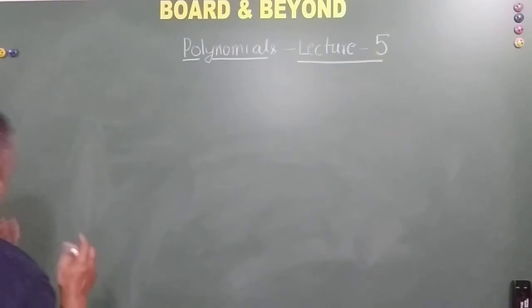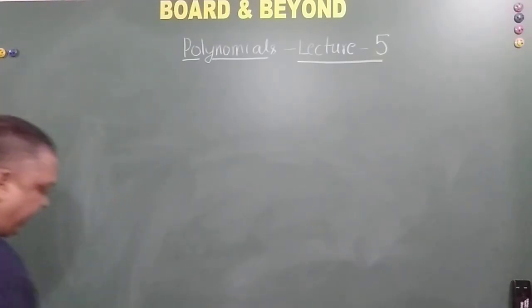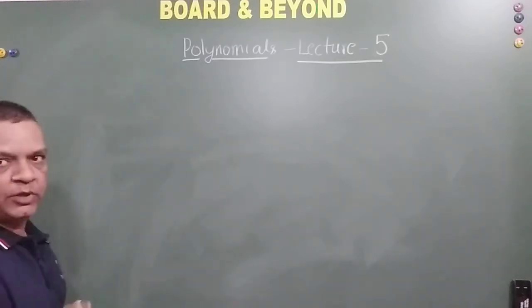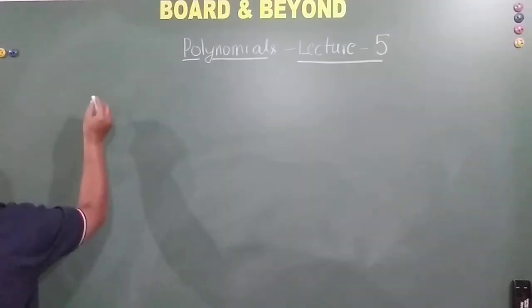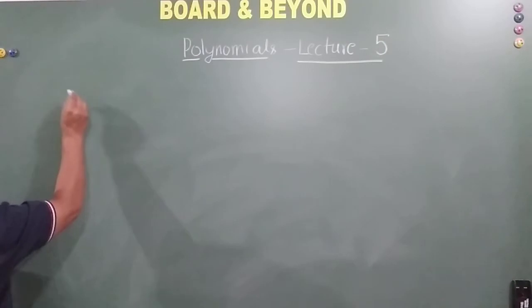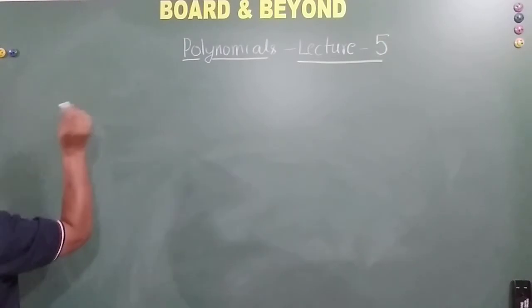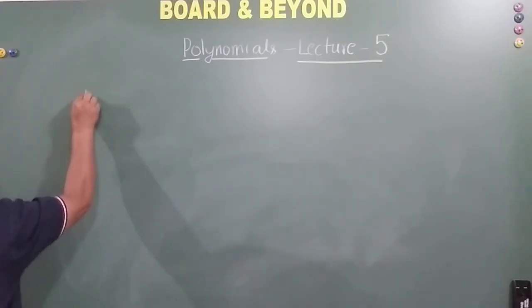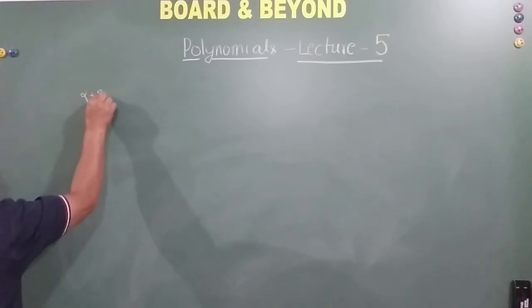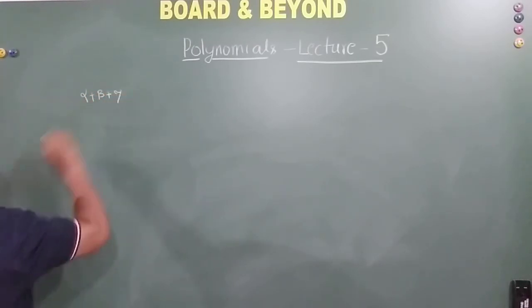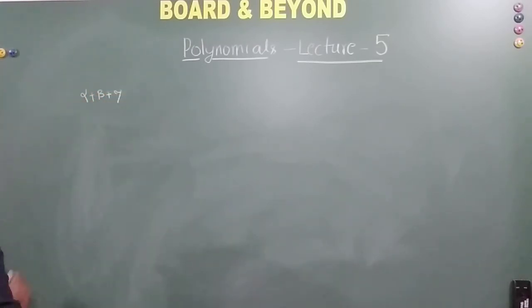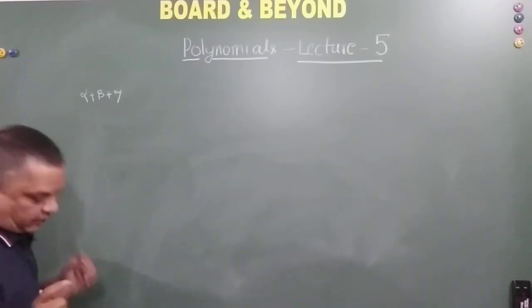Okay. Now the next problem says to write a cubic polynomial for which the sum of its zeros, alpha plus beta plus gamma, is one thing, and the sum of the product of the zeros is another.